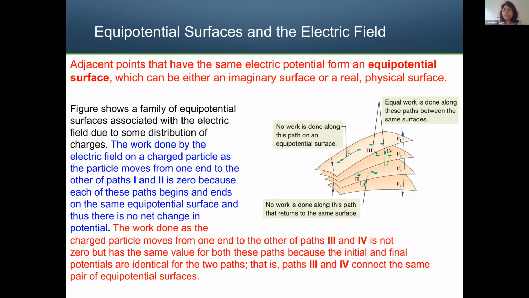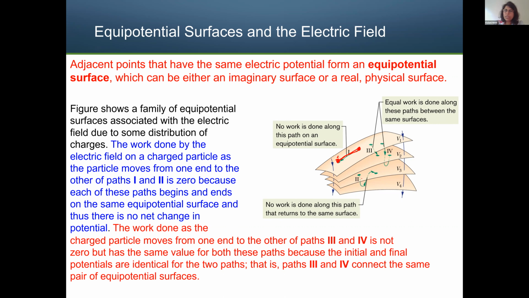Okay, as I mentioned, your equipotentials can be a surface or a volume. In this case, I have surfaces 1, 3, 4, and 2 so that you can understand the paths. If this is an equipotential surface and you move along path 1, exactly on the same surface, you don't do any work, right?